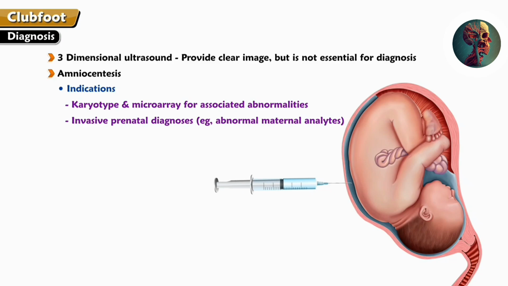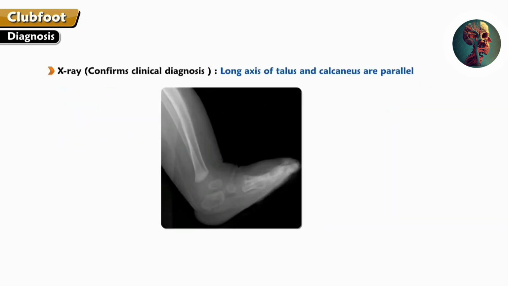As per guidelines, clinicians perform amniocentesis in the setting of isolated clubfoot because associated abnormalities may not be detected by ultrasound, and small numbers of karyotypic results from these cases limit the reliability of published estimates of risk. X-rays can confirm the clinical diagnosis, with the long axis of talus and calcaneus being parallel.